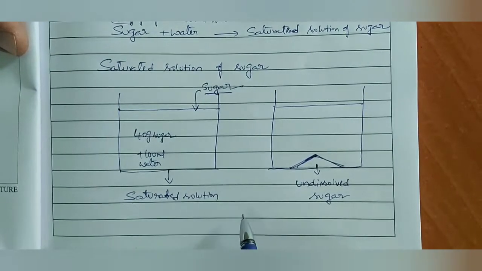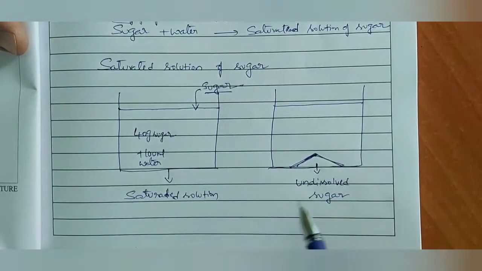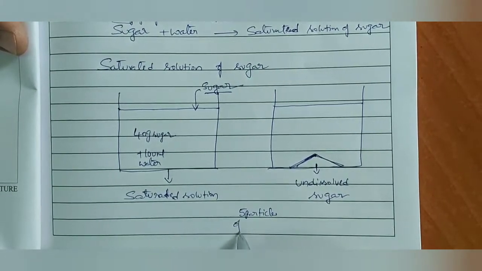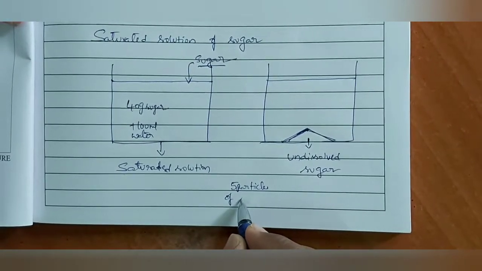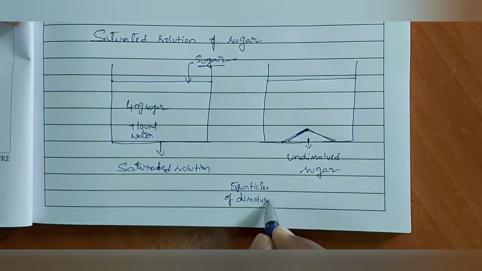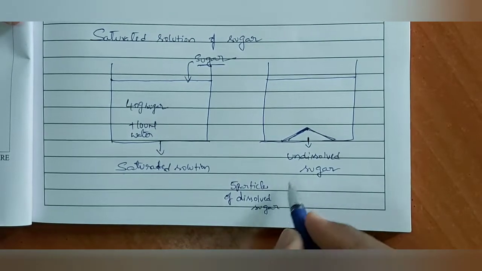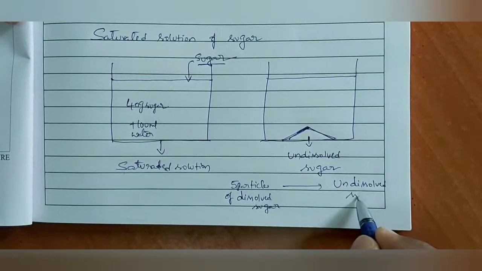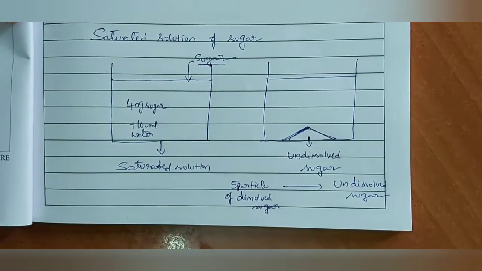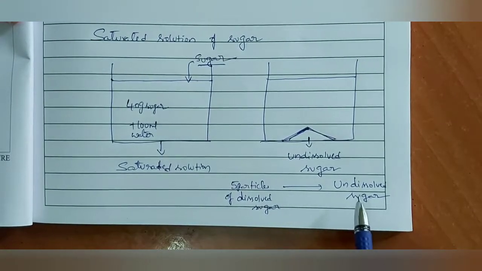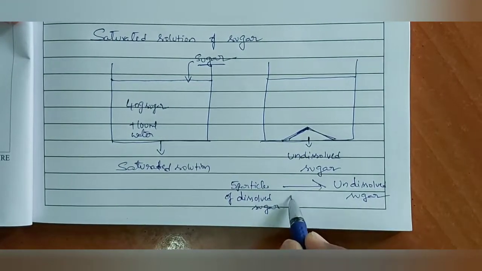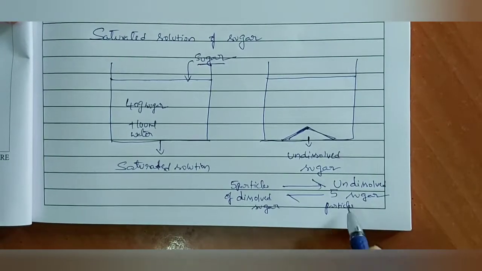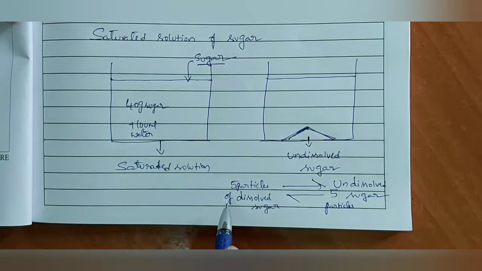Let us consider that at the time of equilibrium, five particles of dissolved sugar are converted to undissolved sugar. At the same time, five particles of undissolved sugar will be converted to dissolved sugar.